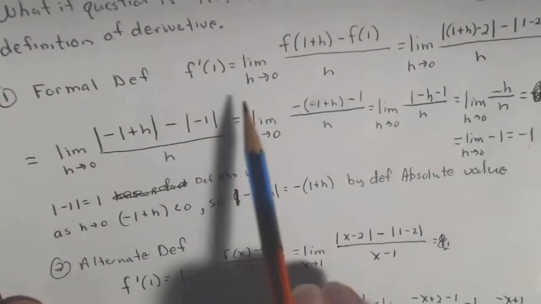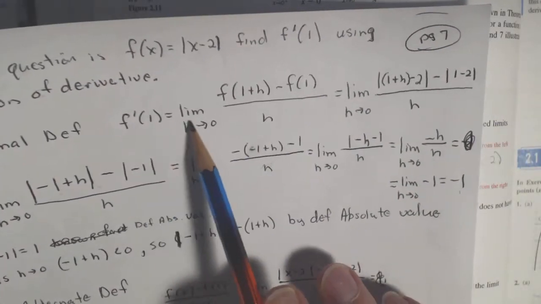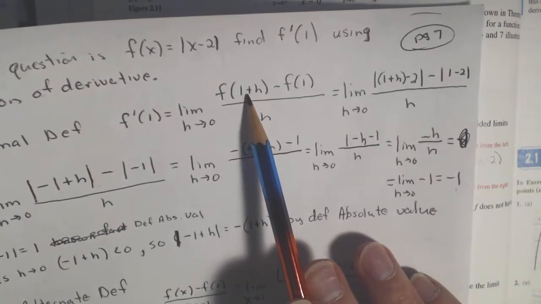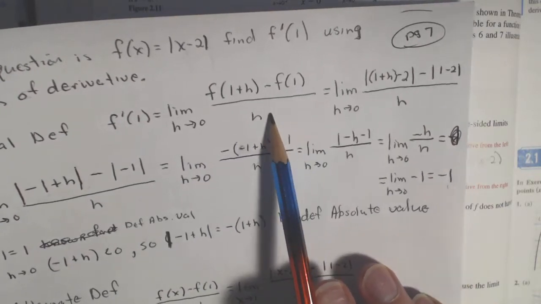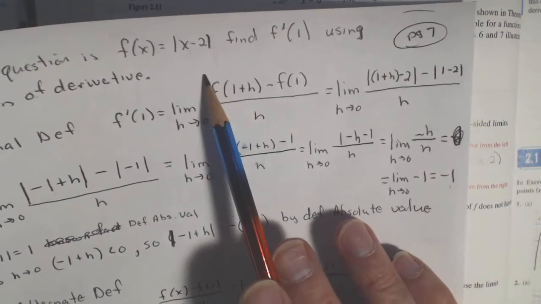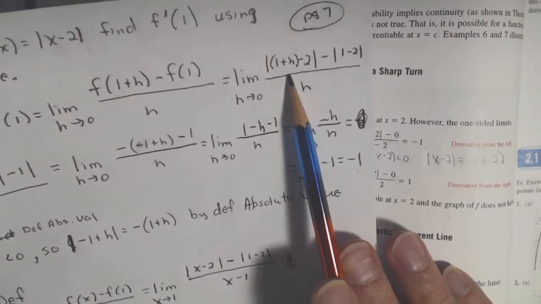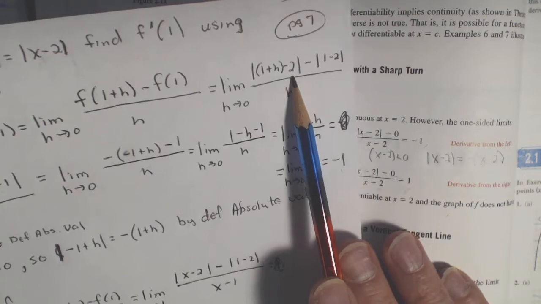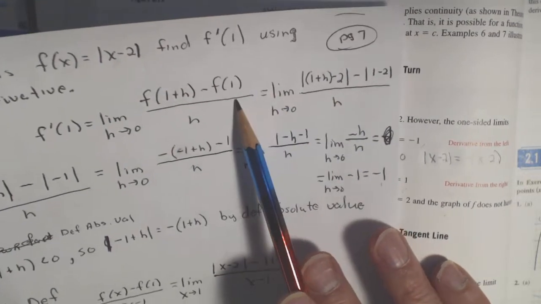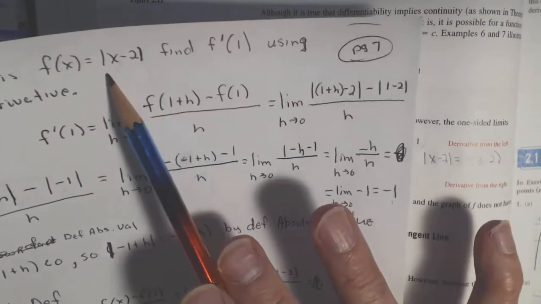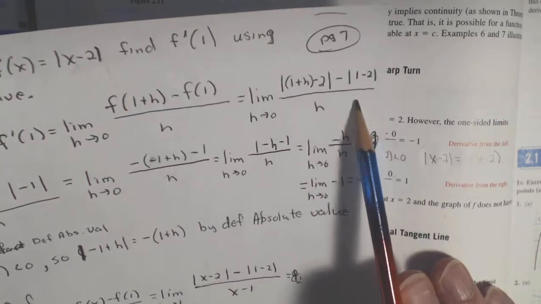Okay, so f prime of 1 is the limit h goes to 0, f of 1 plus h minus f of 1 over h. F of 1 plus h is what you get when you replace that x with the 1 plus h, so you get absolute value of 1 plus h minus 2 minus f of 1, which would be absolute value, 1 minus 2.